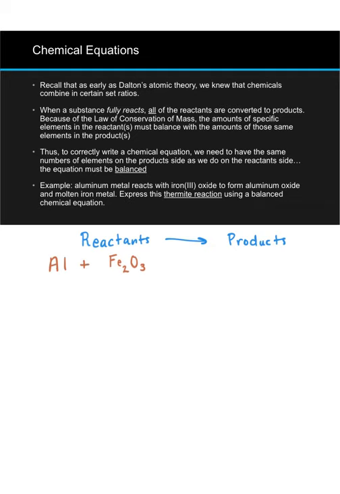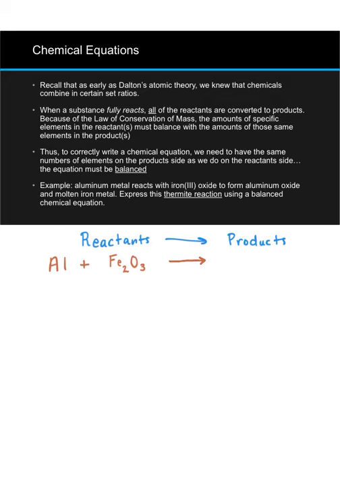Now, this reaction forms aluminum oxide and molten iron metal, 2 new substances that must be products of this reaction. So we'll depict that these things chemically transform with a reaction arrow, and we'll write products' formulas in the same way that we wrote reactants' formulas.